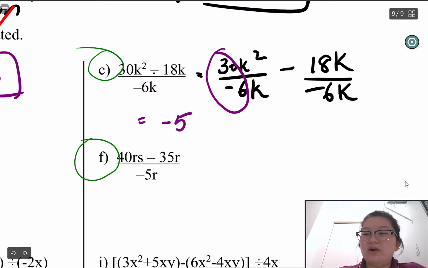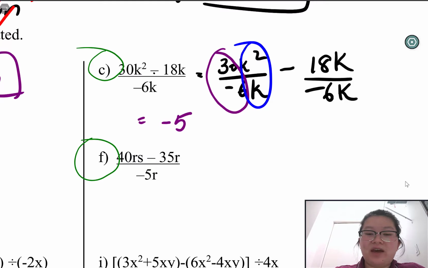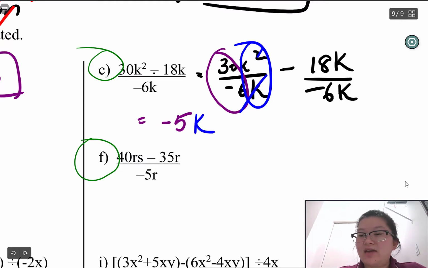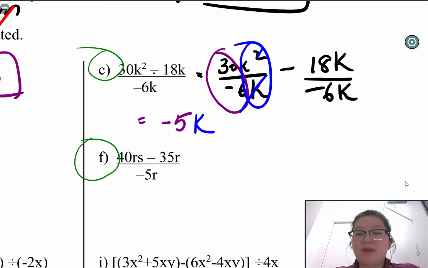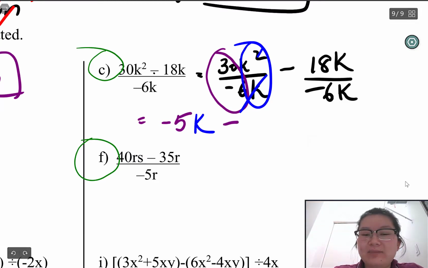Then I deal with the variables independently. k squared divided by k, that's just one of the k's going away. And then, last but not least, I get minus 18 divided by negative 6. If I treat this minus sign at the top as a negative sign, so negative 18 divided by negative 6, I'm going to be left with plus 2.